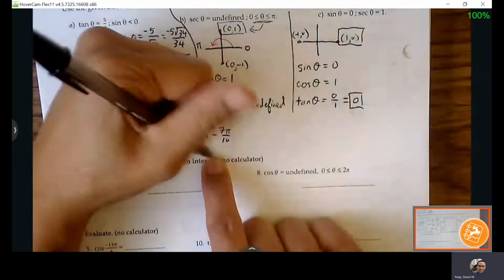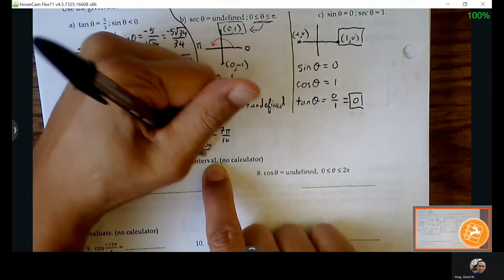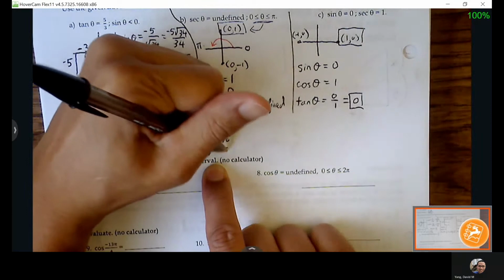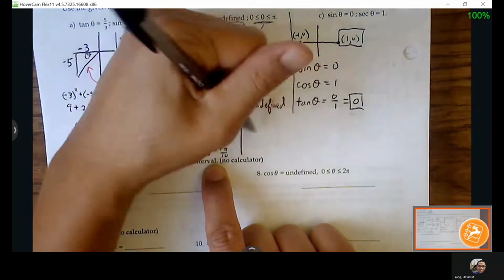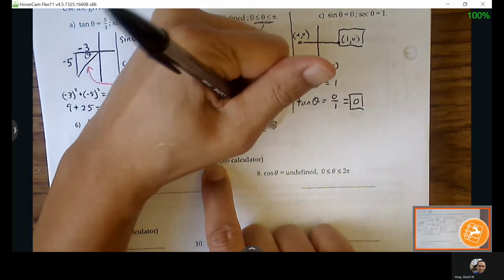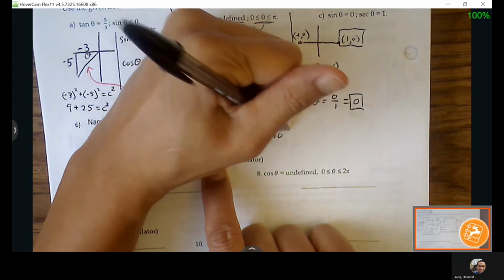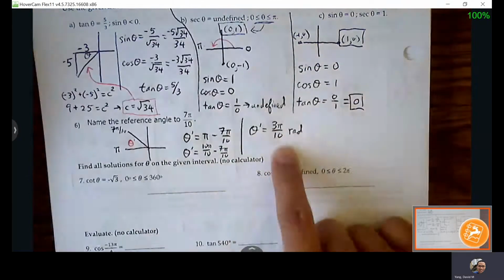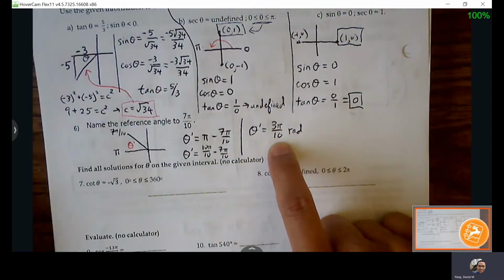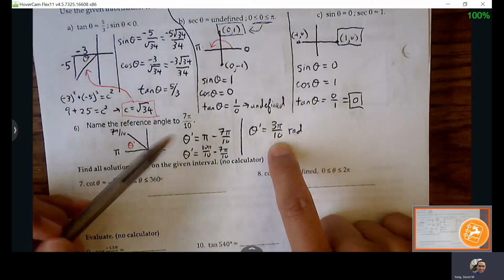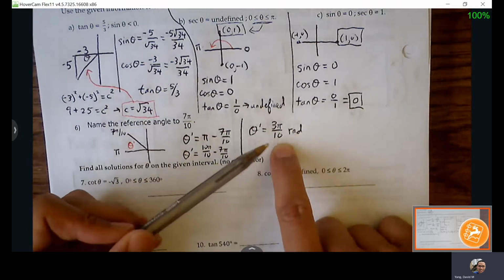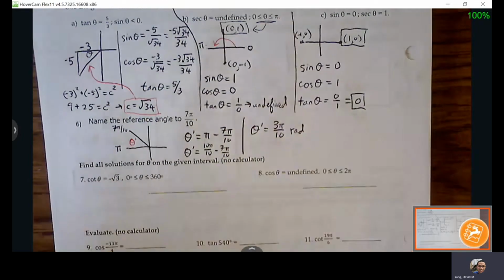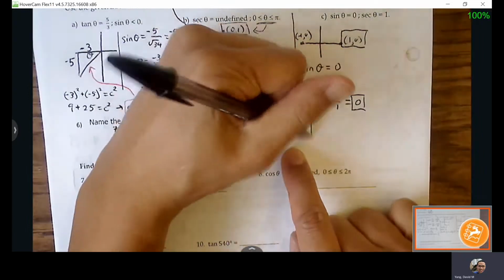Or common denominator. Three pi over 10 is less than 1/2 pi, or pi over 2. So you know that you have a measure that is between 0 and 90 degrees, or between 0 and pi over 2.